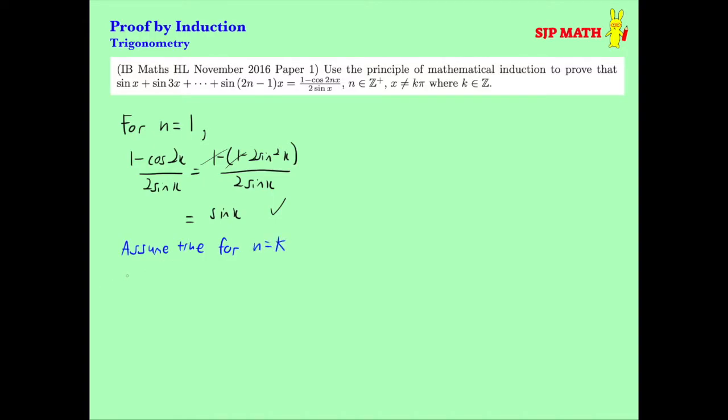That is, we are assuming that (1 minus cosine 2kx) over 2 sine x is equal to sine x plus sine 3x all the way up to sine (2k minus 1)x.